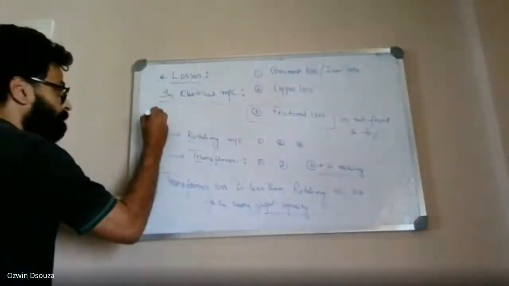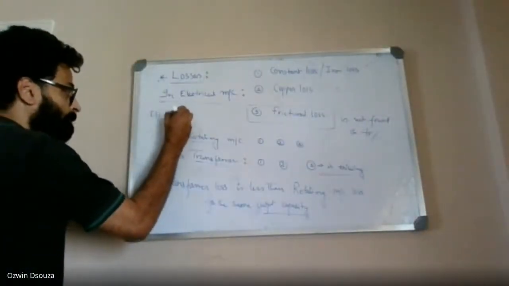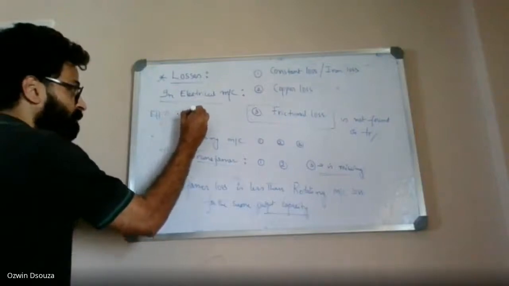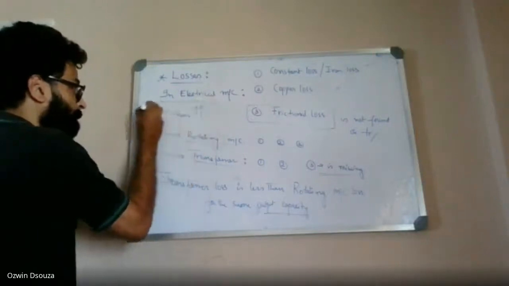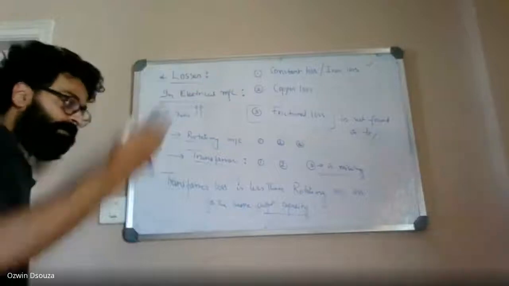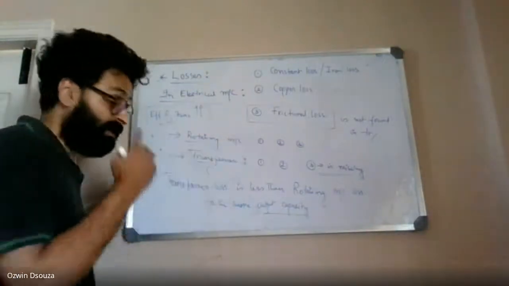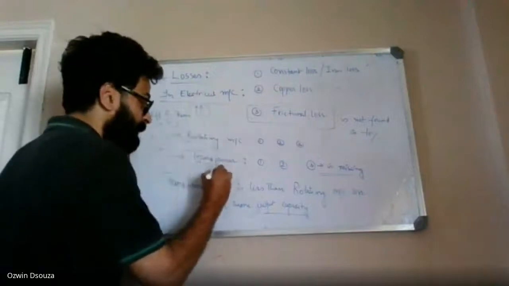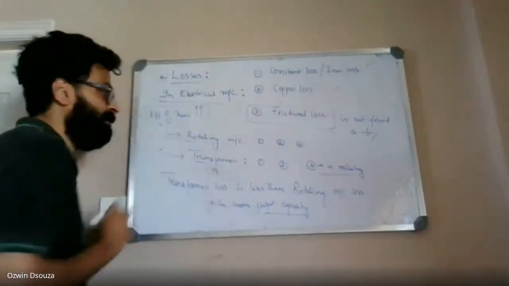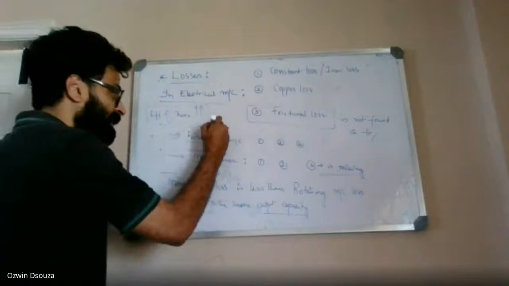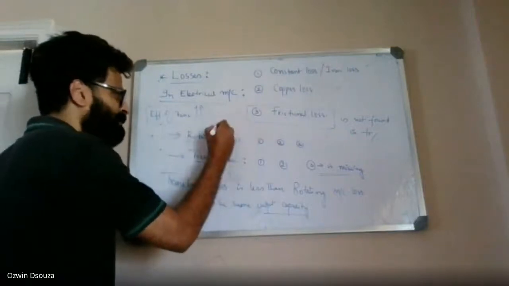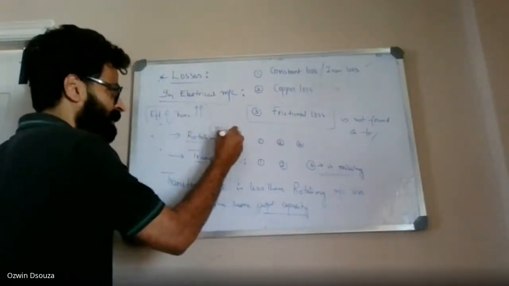and that is the reason the efficiency of transformer is very high. So it is higher than the rotating machine. Your power transformer can exhibit efficiency as high as 98%. On the other hand, rotating machines exhibit maximum efficiency somewhere about say 85%.